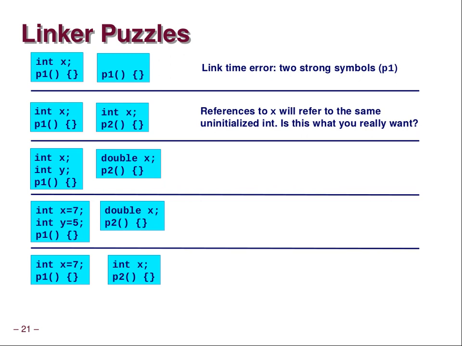All right, how about the next one? Both weak, but they're different types, and if it picks one, it could be a problem. Writing to X in P2 might overwrite Y. Why is that? Because of the size. How many bytes are in a double?